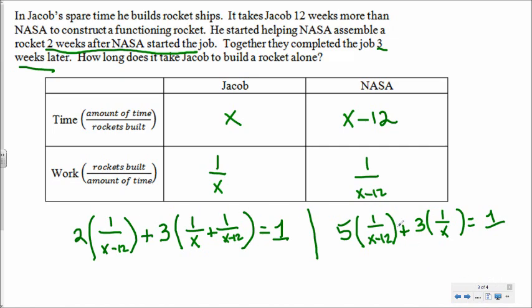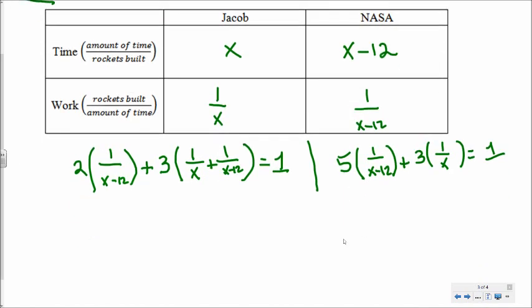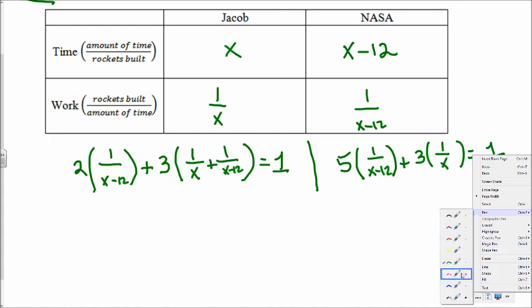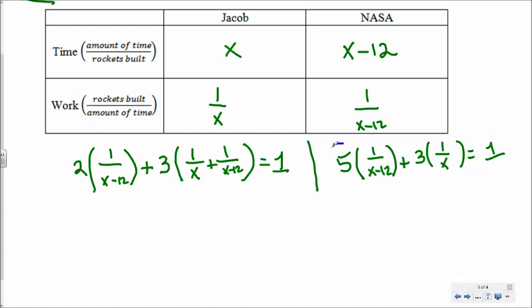Notice that these 2 equations are really the same, because if I have 2 times 1 over x minus 12 and add 3 more of that, it will give me 5 altogether. So they're 2 equivalent equations, both of which are the same. I'm going to work with the second one because it's a little bit easier to work with. So just like before, I'm going to transform this equation by multiplying by its LCD.